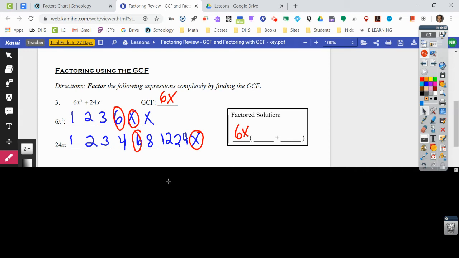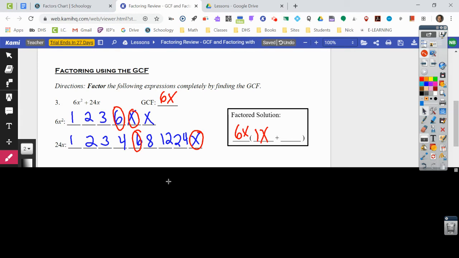Well, 6's partner was 1, and if it's just 1, I don't really need to write it down, but you can if you want. After I circled, I know these x's are used up, so I have 1x left over.